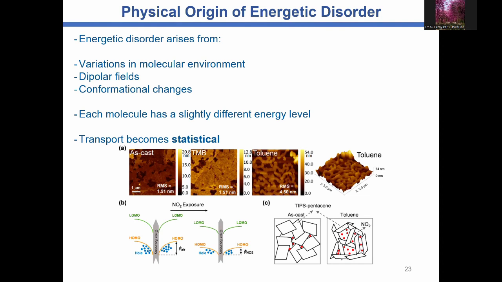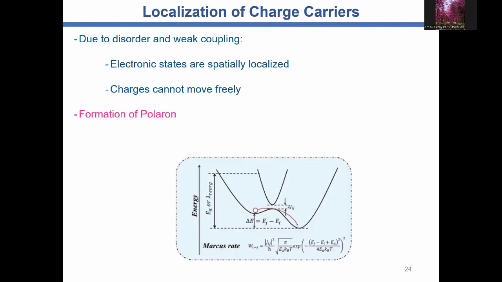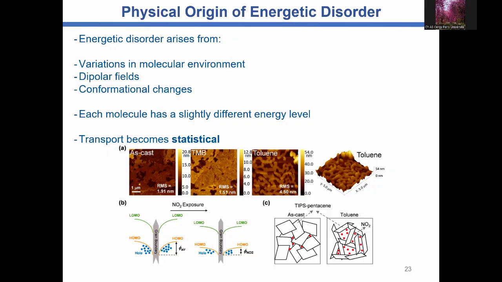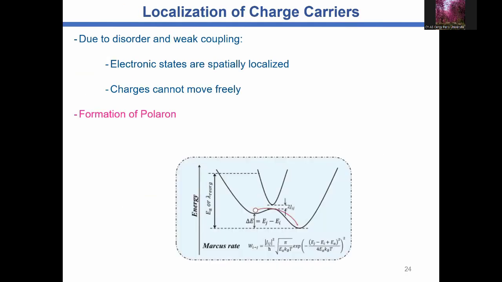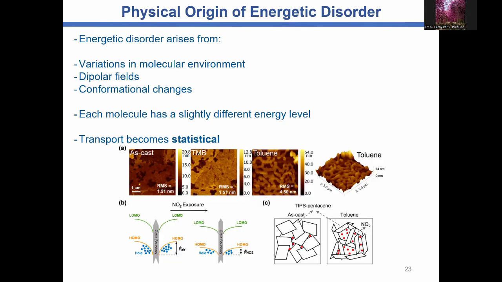So, to continue the discussion, here I just said regarding the origin of disordering. If we have this localization of charge carriers, if we have disordering, we can shift between states through hopping.